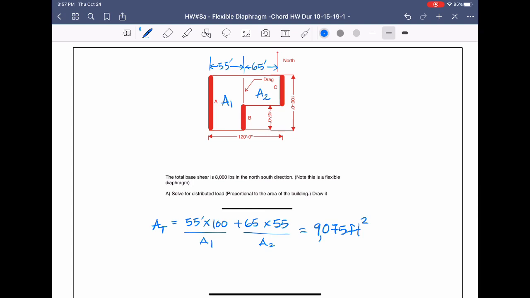All right. So we want to know what the proportional load to the specific area is. So then let's just do F1. F1 is equal to 8,000. And then we should actually write what A1 is in terms of area.